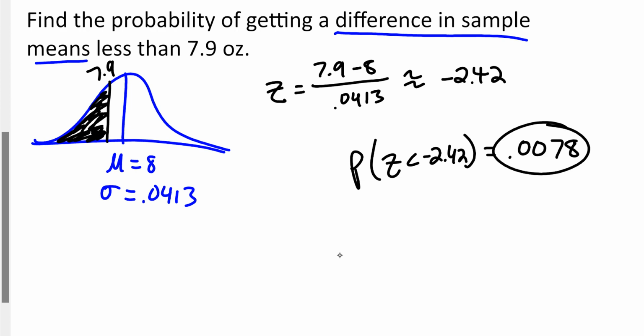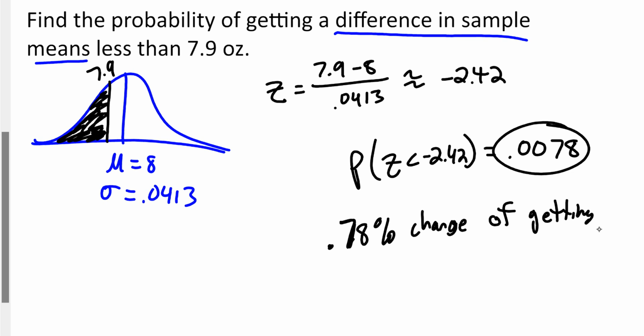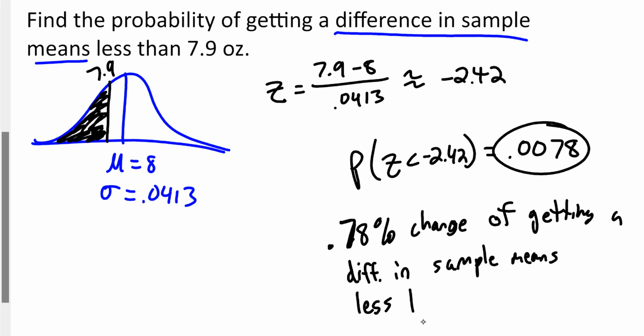All right, so there's a 0.78% chance of getting a difference in sample means that is less than that 7.9 ounces.